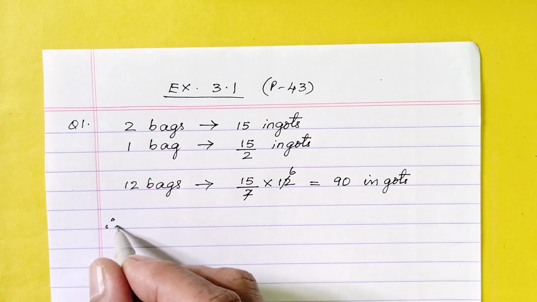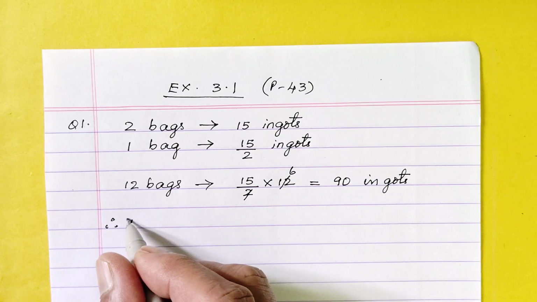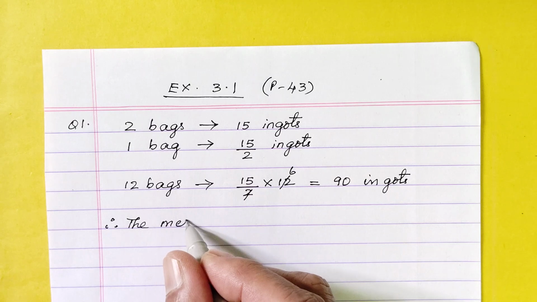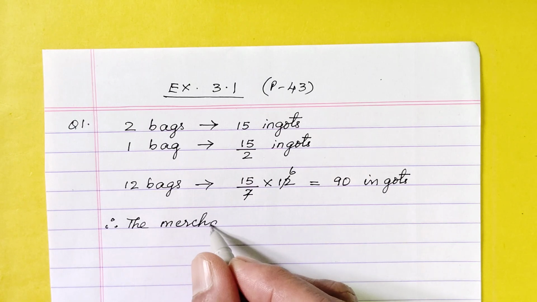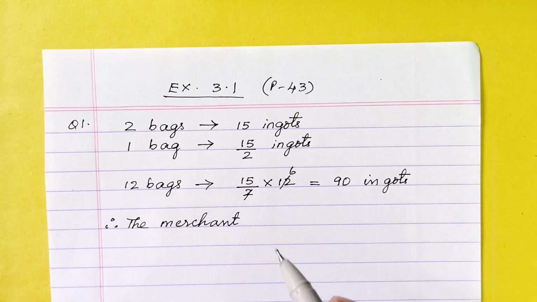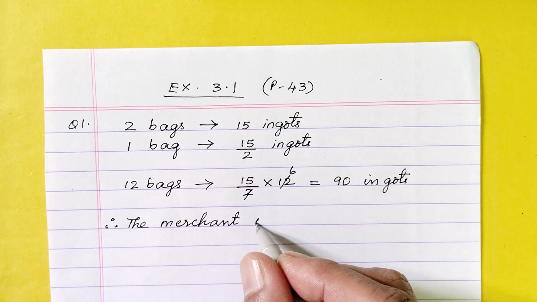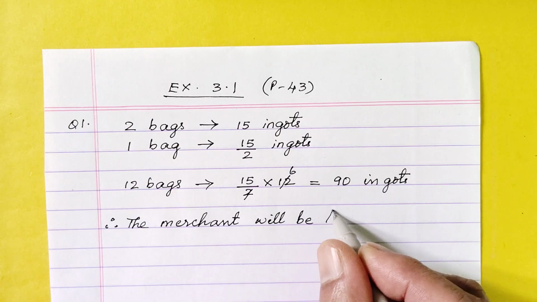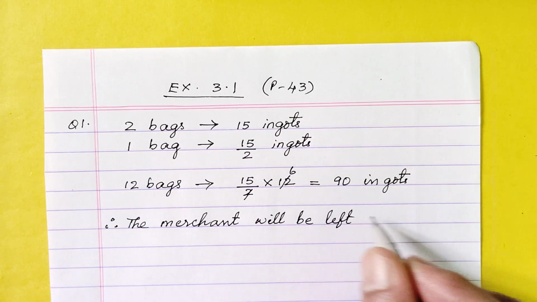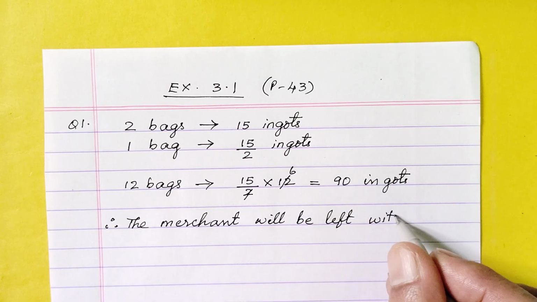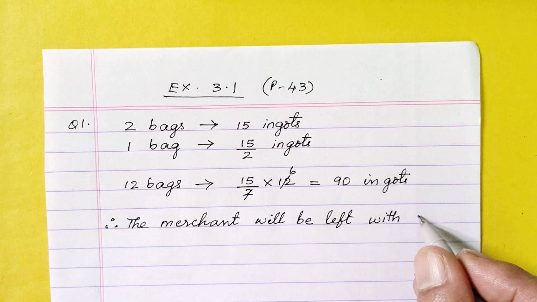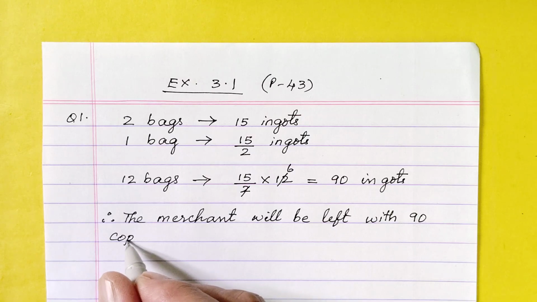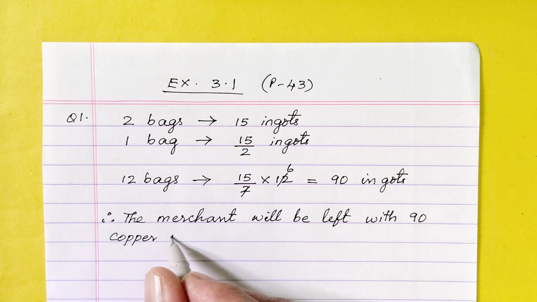Therefore, the merchant will be left with 90 copper ingots.